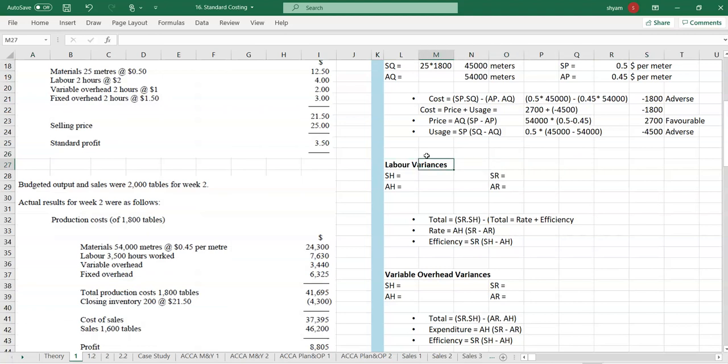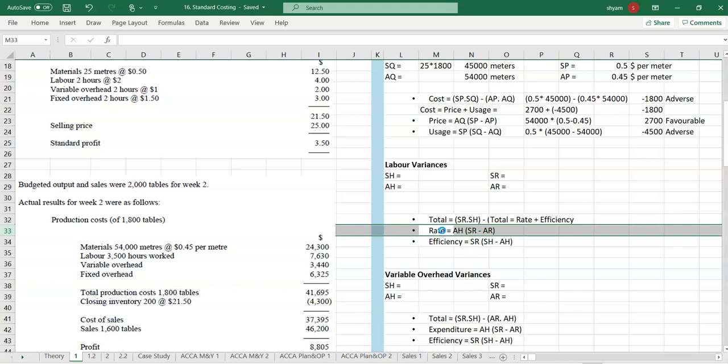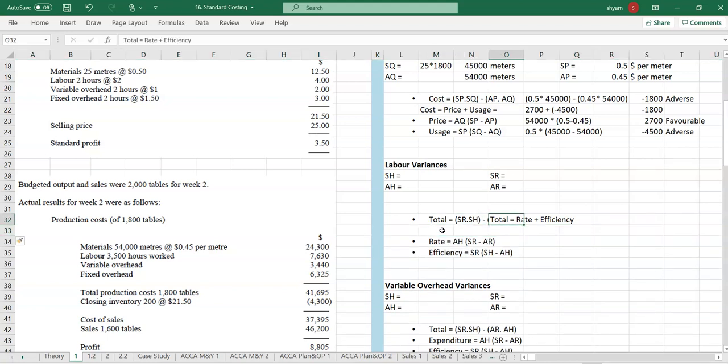See, so the next one is labor. Again we need these numbers: standard hours, actual hours, standard rate, actual rate. So 4 things we need here. And we have 3 formulas here: total, rate and efficiency, and one is just a proof.